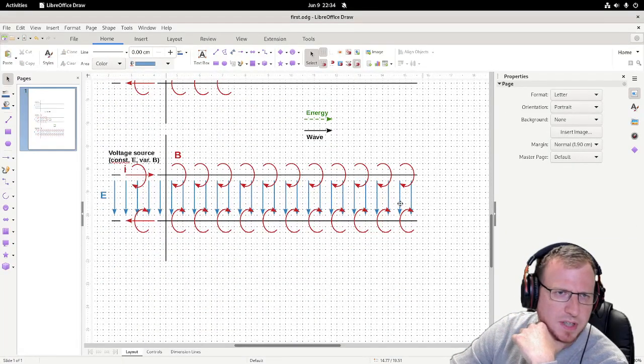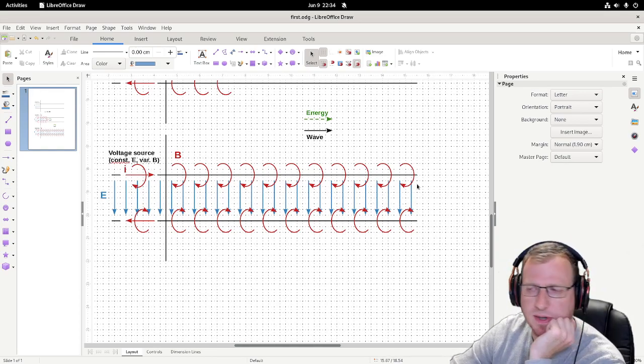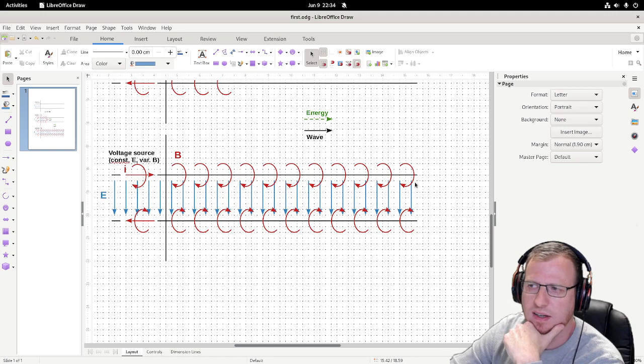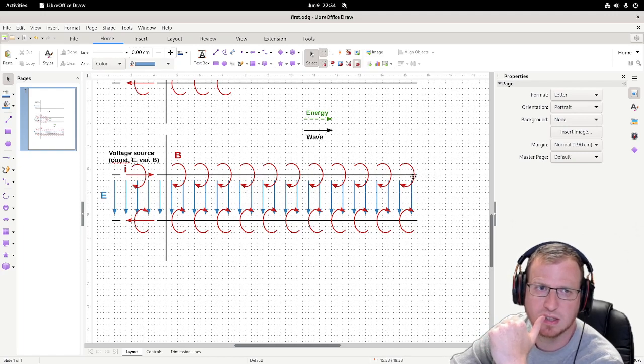So, we have reached the end. But now we have a strange behavior. Because there can't be a current flow at this end, of course. Here is the end. There is no current can go here. So it should stop, but it can't stop.